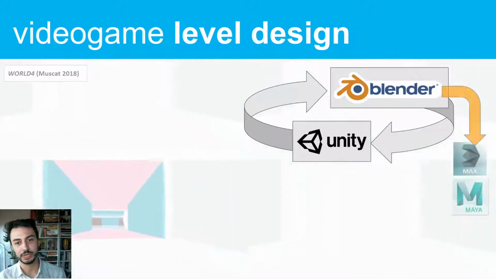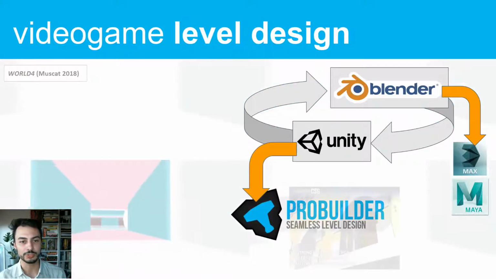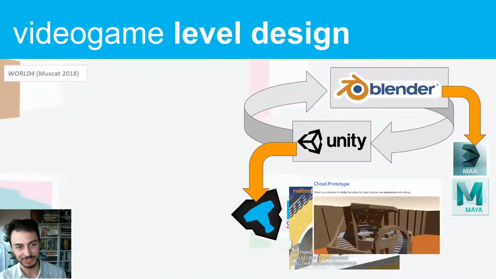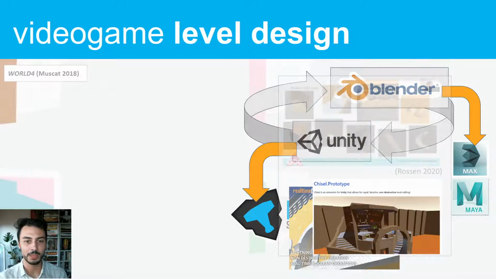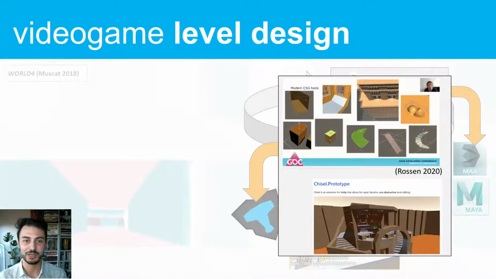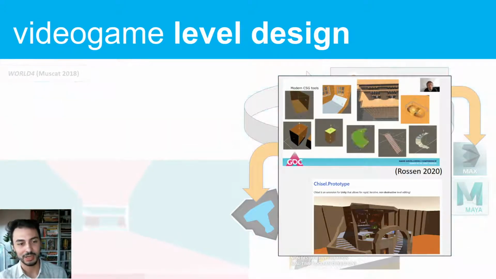Now, alternatively, I could be using many other different 3D modeling packages, each with their own quirks, or I could be using one of the Unity platform's many level design tool plugins that also have their own characteristics. For example, Chisel here specifically aims at emulating level design methods found in older game engines and older game editors.